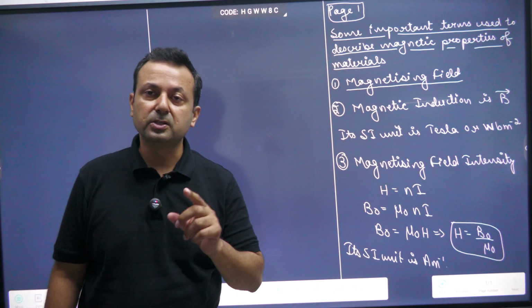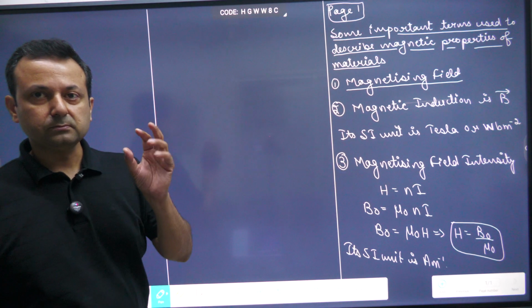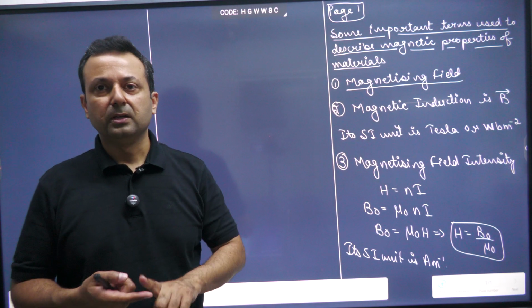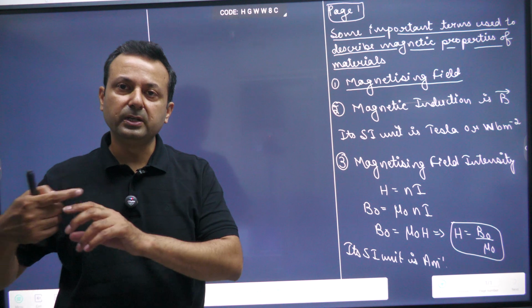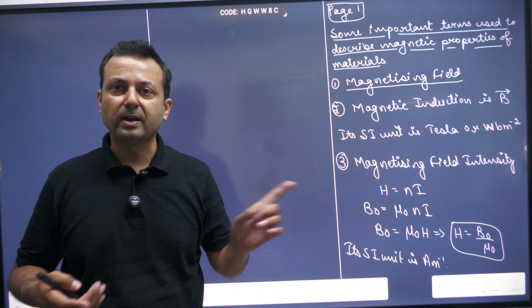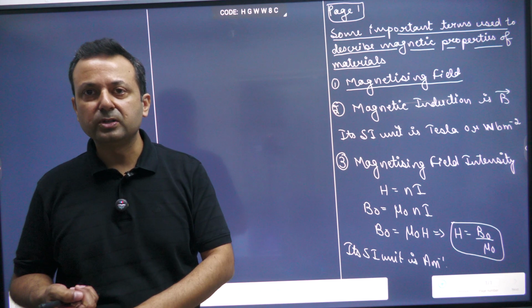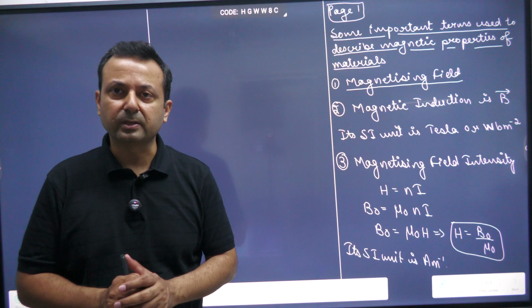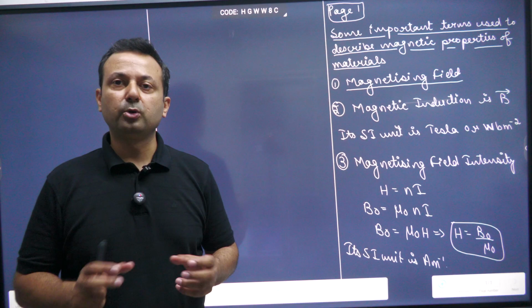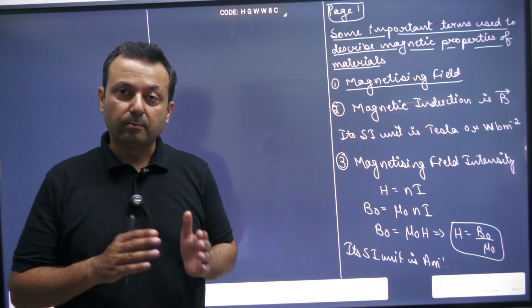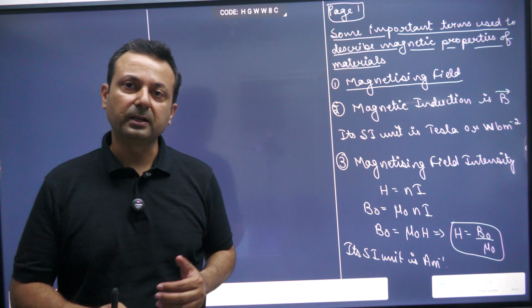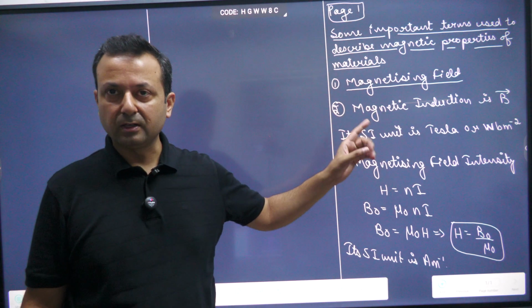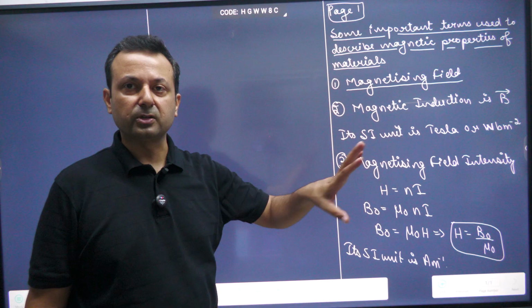Magnetic induction is the sum of external magnetizing field plus the magnetic field which is produced inside the magnetic material due to magnetization. So the sum of both those fields is called magnetic induction, and that is called B vector. SI unit of B vector is Tesla or Weber per meter square.